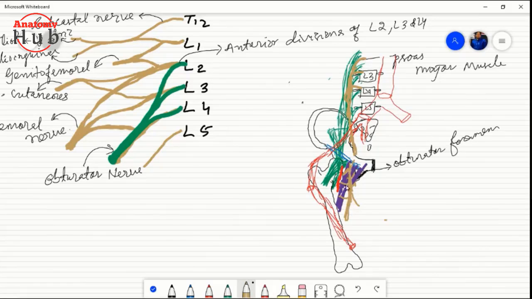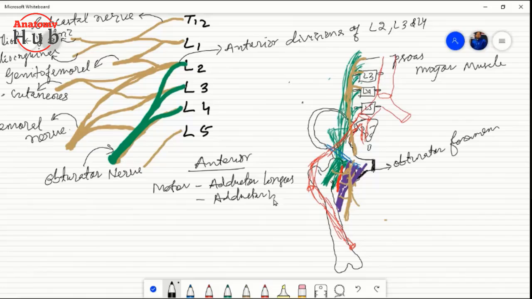In rare cases it also gives a motor twig to the pectineus muscle, because the pectineus is also innervated by which nerve? Who can say? Femoral nerve. So rarely it also gives innervation to the pectineus.